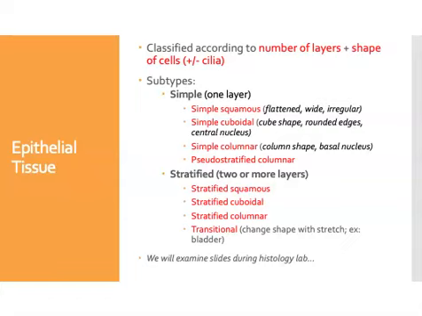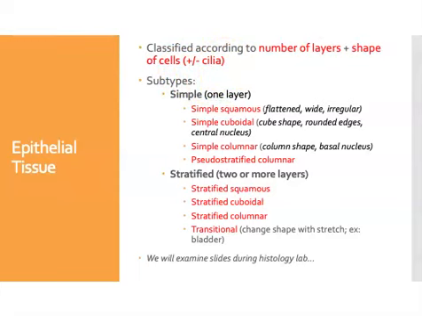We classify things according to their characteristics. When it comes to epithelial tissue, we classify it according to the number of layers it has and the shape of the cells that are found in the tissue. Sometimes we also add on whether or not those epithelial cells have cilia on them.